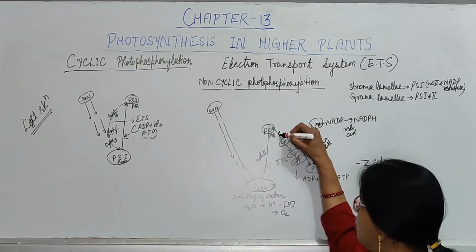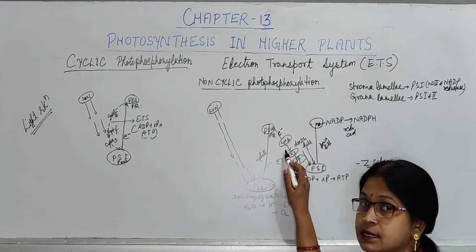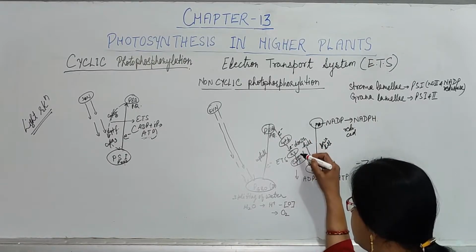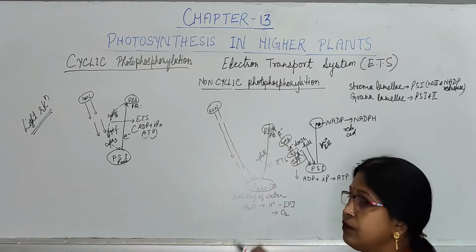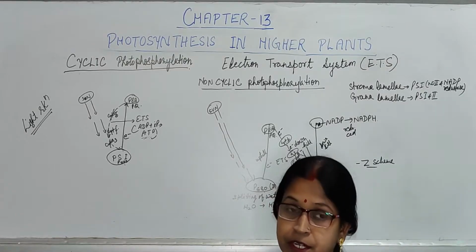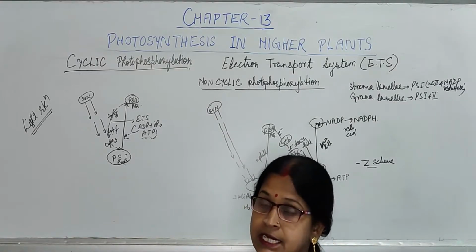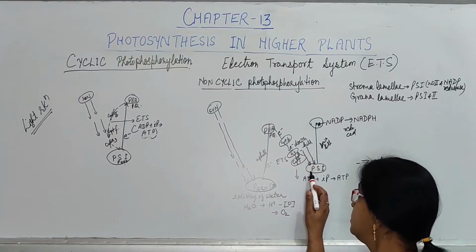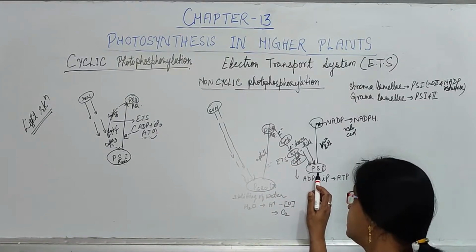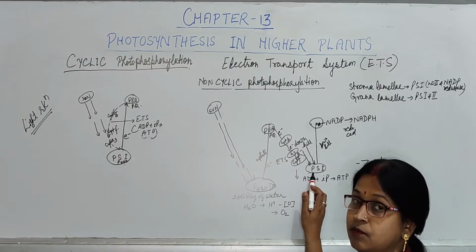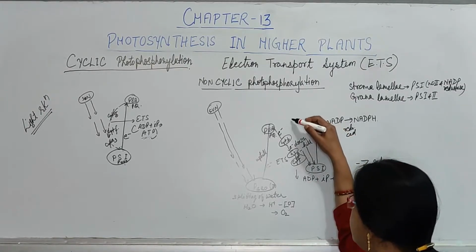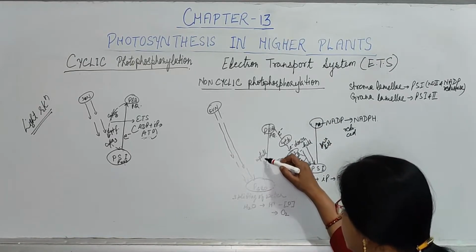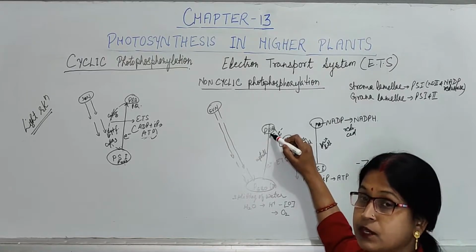Then it will move to the next acceptor, cytochrome B, A3. In this way, each time the electron is received, the acceptor becomes reduced, and when it is released, it becomes oxidized, and finally it will come to the next pigment system, that is pigment system 1 or P700.